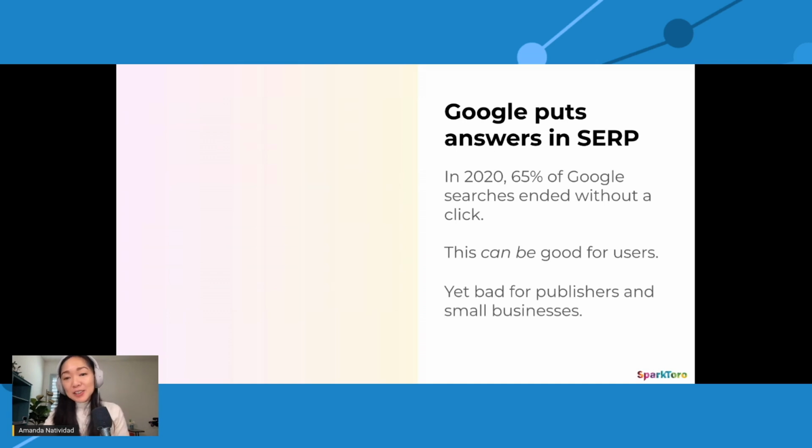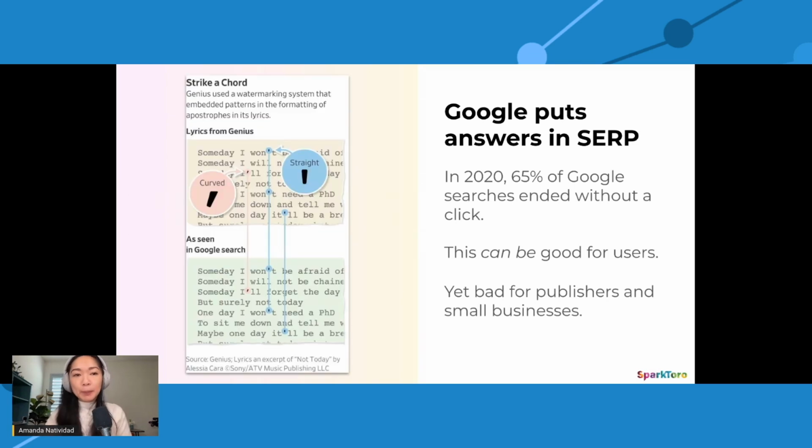But this can also be really bad for publishers and small businesses. Here's my favorite example. A couple years ago, the song lyric site genius.com accused Google of scraping their content and putting it directly on the SERP, which meant that fewer people were linking to Genius.